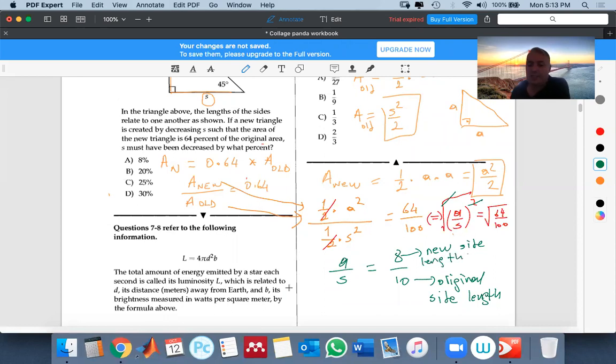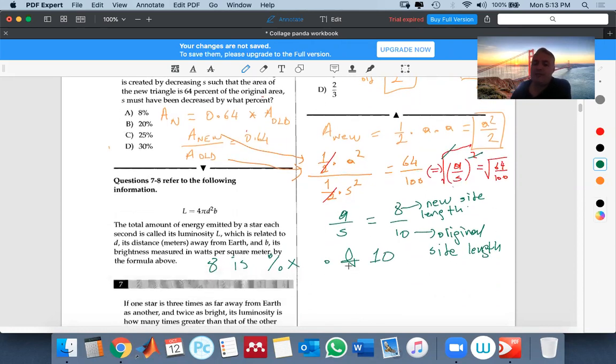Now the question is this: 8 is how many percent of number 10? Now, how can I solve this question? Not 8 times x over 100 is equal to 10. Like this: 8 is how many percent times number 10?